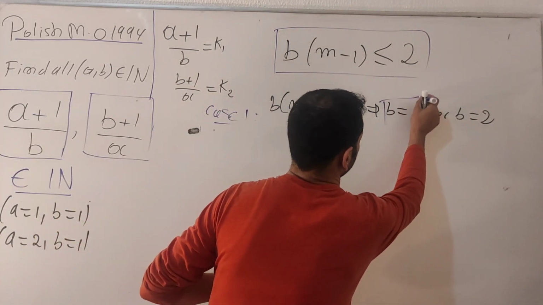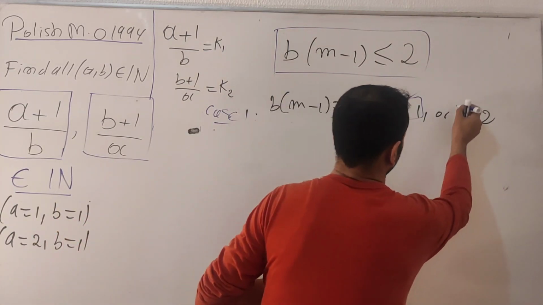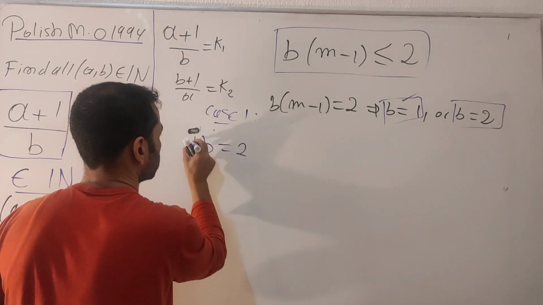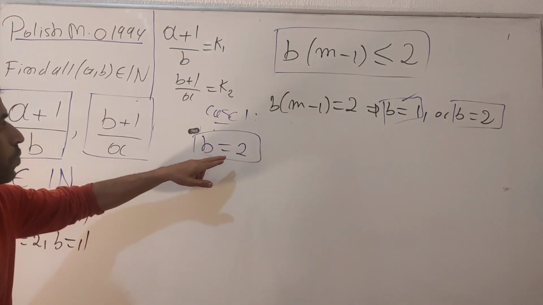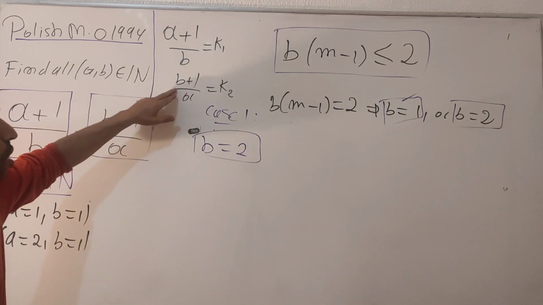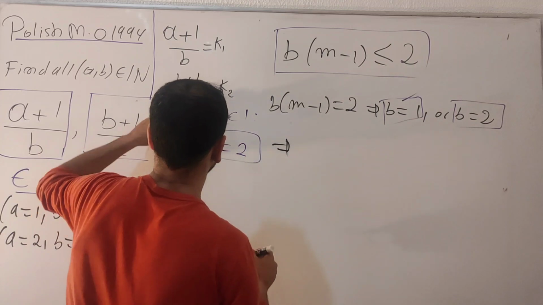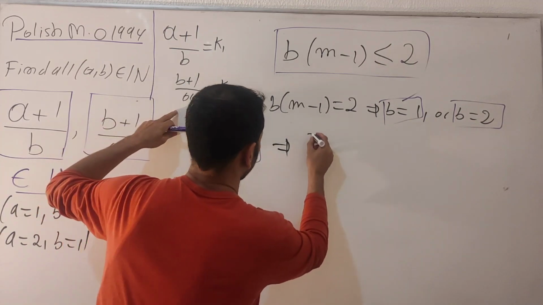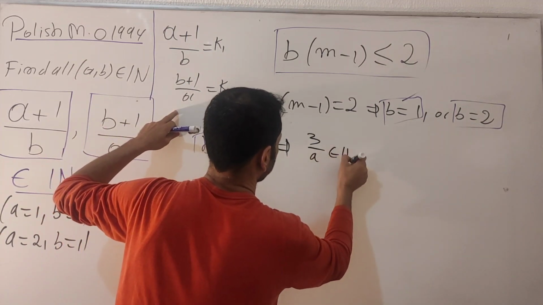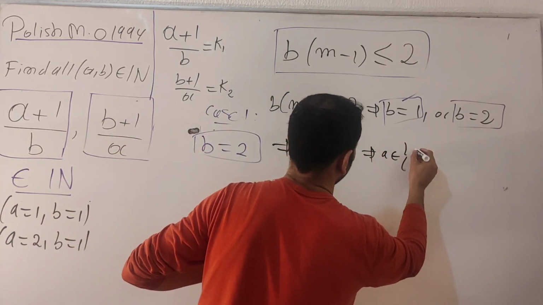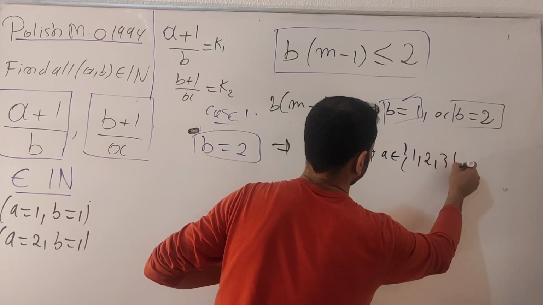Now we are going to take off this one from here. We are going to leave only this one. So we get b equals 2. So b equals 2 is enough to check in the second fraction, because I get 2 plus 1, which is 3 over a. This one must be a natural number, which means a is going to be in this set 1, 2 and 3.